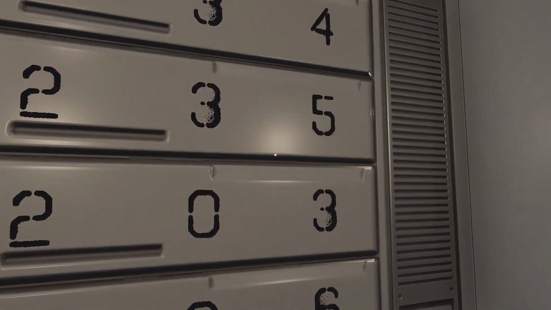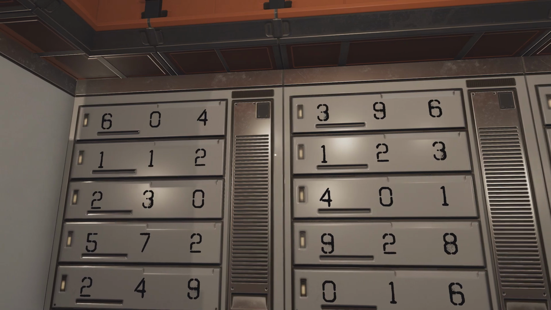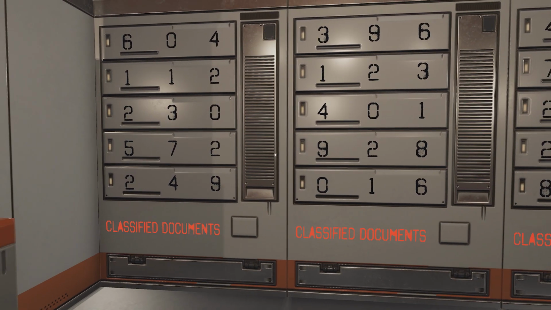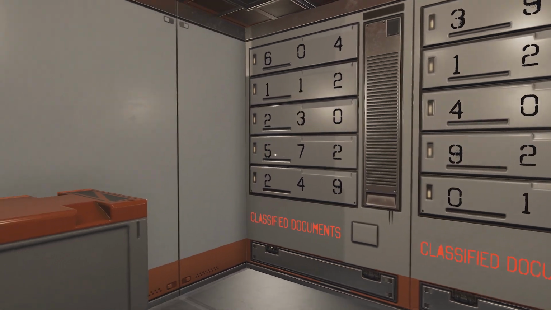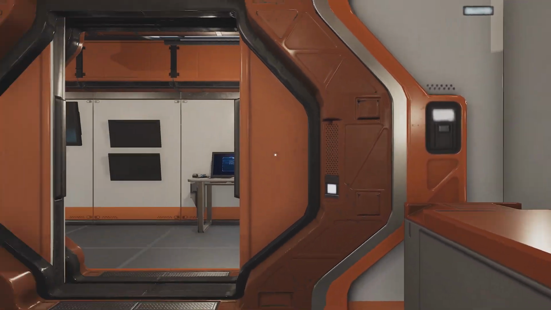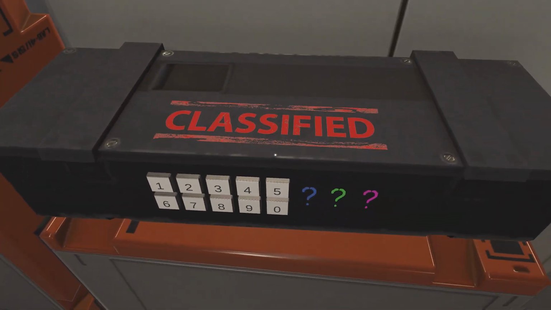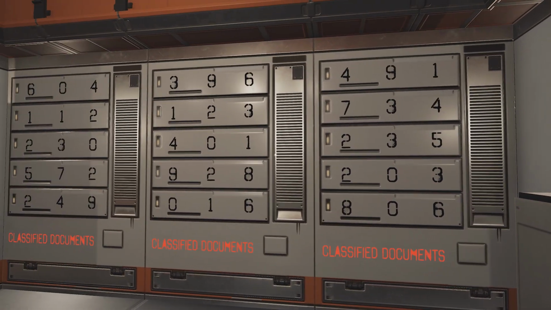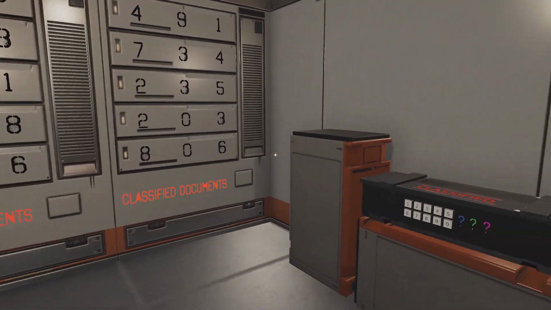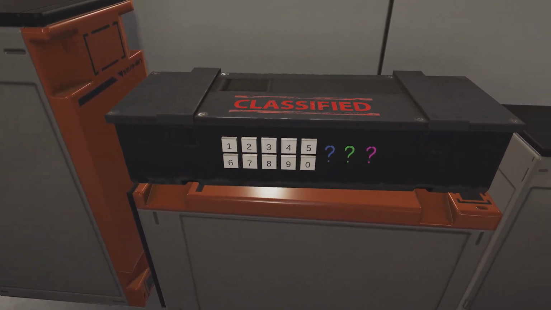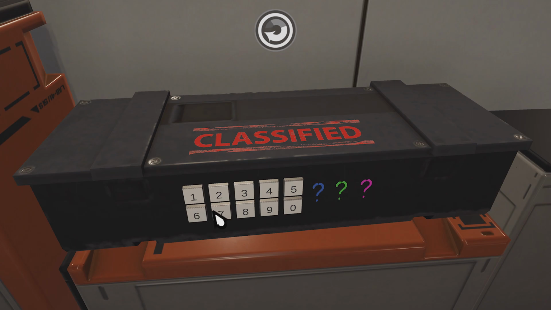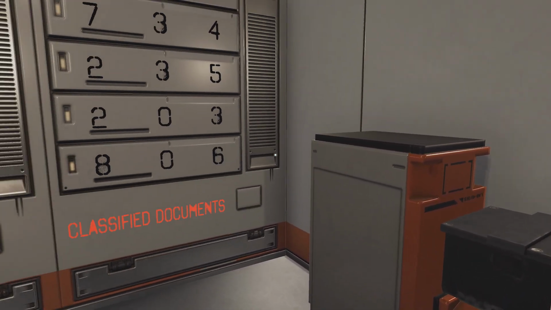There doesn't seem to be anything with these. There's no colors involved with them. This says classified documents, so maybe, I don't know, try 604. Yeah, I didn't think so.